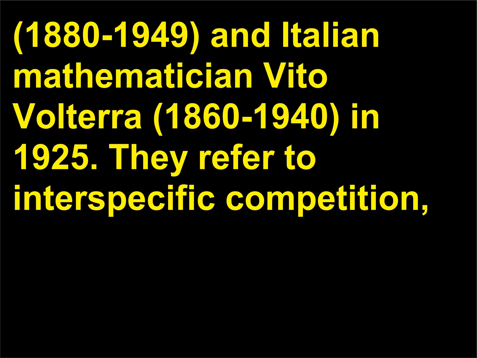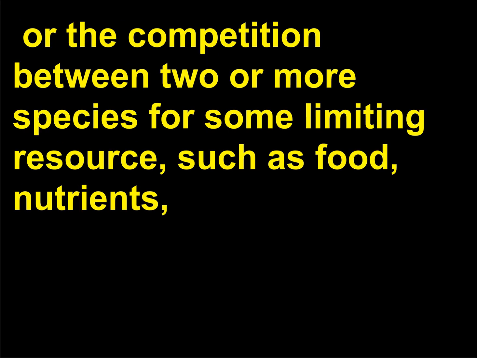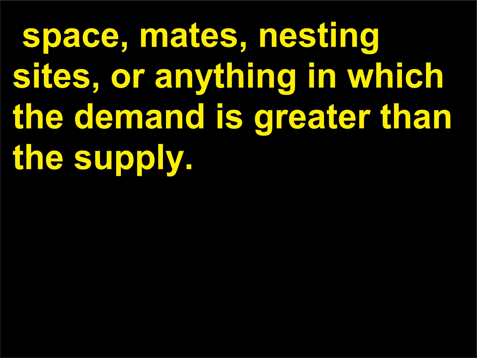They refer to interspecific competition, or the competition between two or more species for some limiting resource, such as food, nutrients, space, mates, nesting sites, or anything in which the demand is greater than the supply.